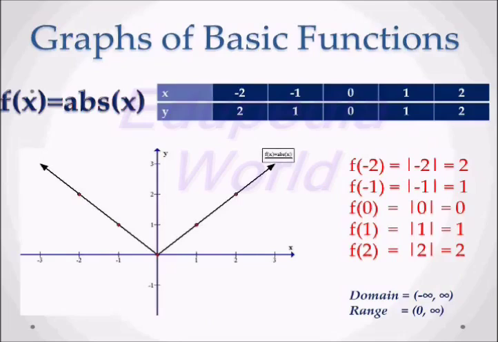Here we can choose any value as input, that is, x can take values from minus infinity to infinity, but since it is a modulus function, the output value is always positive. So the range of the function is from 0 to infinity.